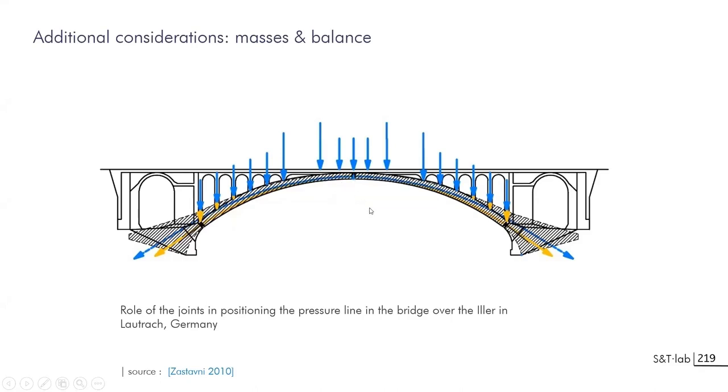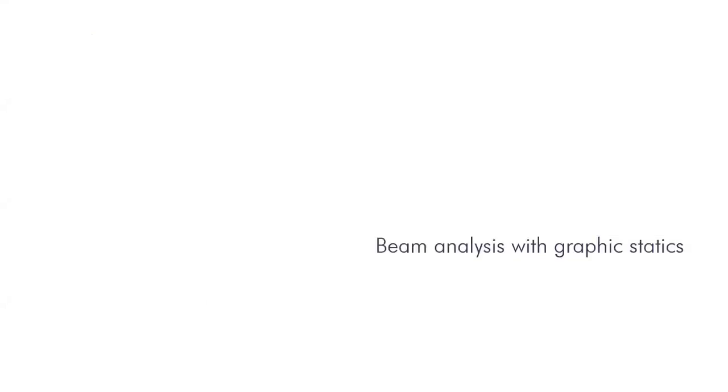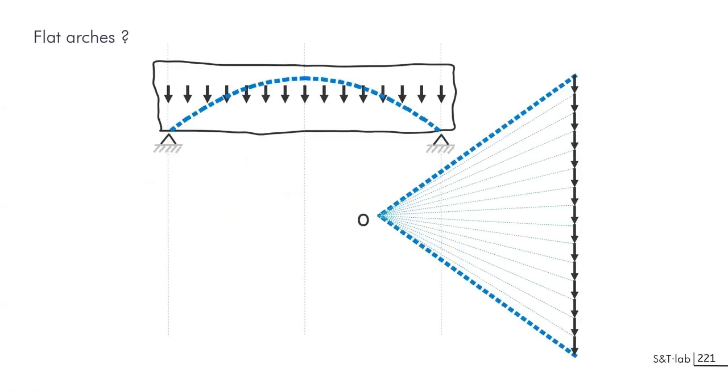So let's move on now with the theory of beams and the beam analysis with graphic statics. You will see that with graphic statics, you will have a very powerful tool to assess this. And you know intuitively that from the arch, as soon as you can support vertical and horizontal forces here, you can equilibrate a thrust line into a system.